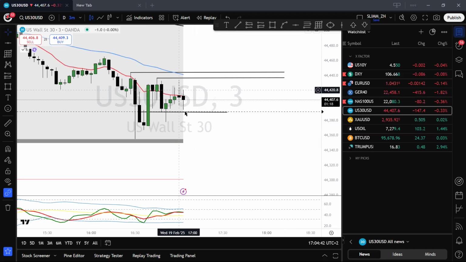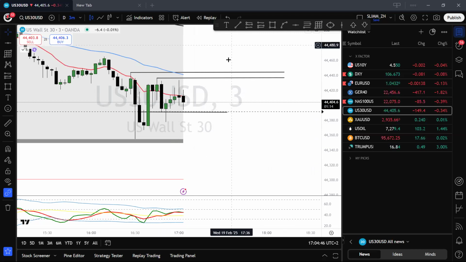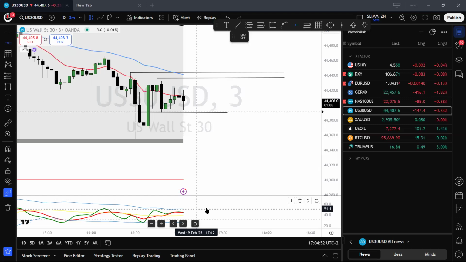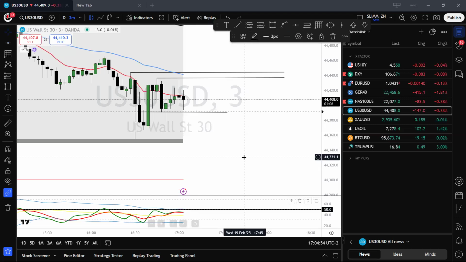But here I'm just open to seeing price expand down. So both of them actually can pay us. Both of them can pay us.